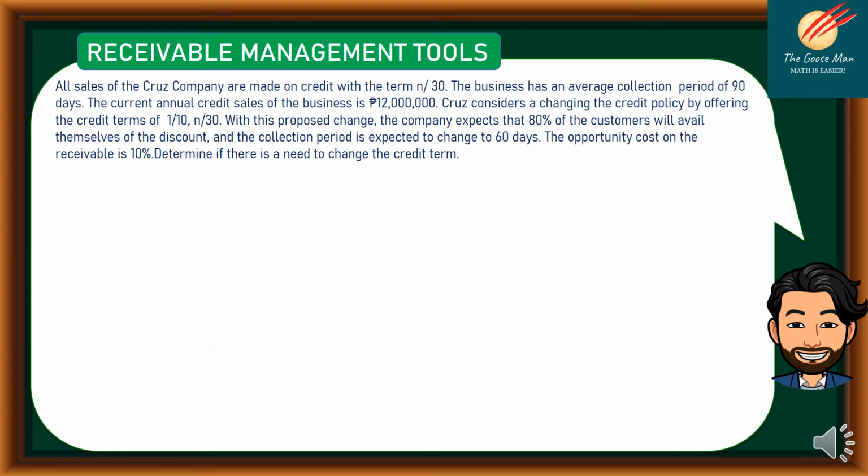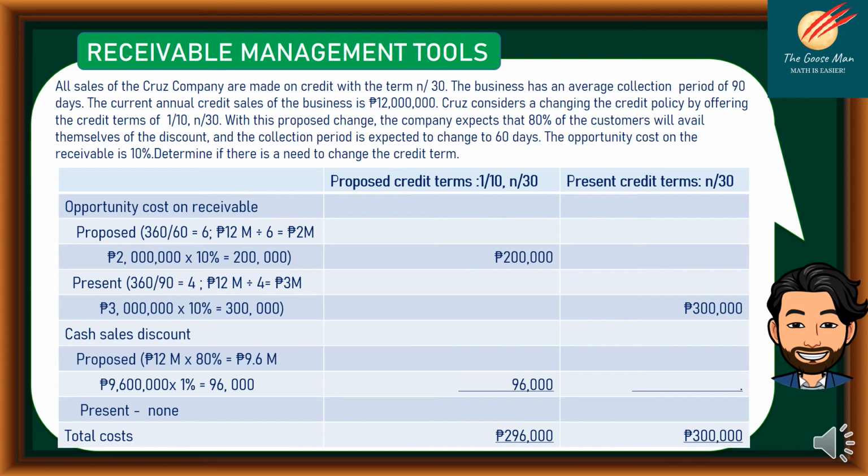So to answer the question whether there's a need to change the credit terms, let's consider our answer in tabular form. As you can see here, we have the proposed credit terms of 1/10, n/30 against the present credit terms of n/30. Let's look first at the opportunity cost on receivable. Based on the proposed, we can shorten the expected average collection period from 90 days into 60.